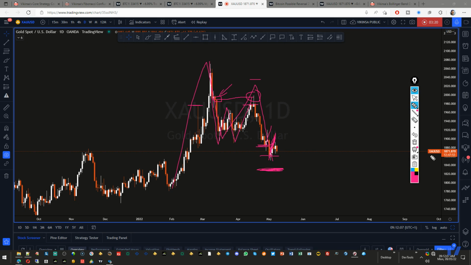What I'm expecting now is that market can actually do something like this. It will probably come here and go back a little bit and then fall back down. And this move can be large. It can be very large move. Okay, why I'm telling you this, why I can see this: I can see this because the market is creating shallow corrections. When the market creates shallow corrections, that means the market momentum in the opposite direction is actually very strong.